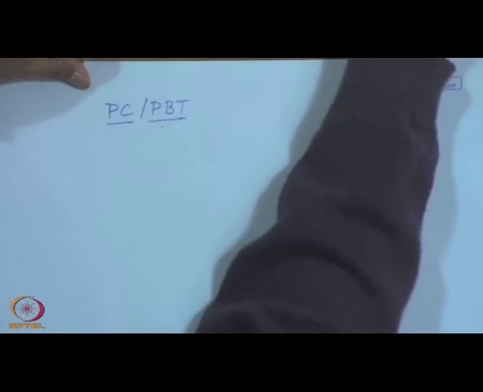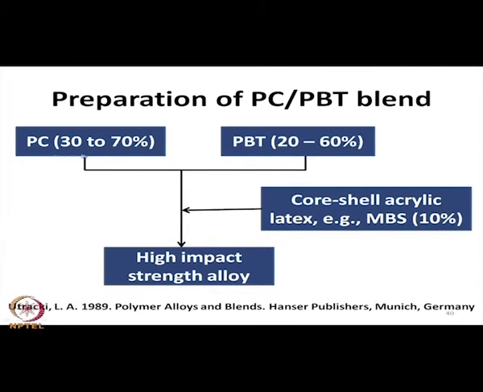Now, here one can use 30 to 70% of polycarbonate and PBT can be used from 20 to 60% by weight.